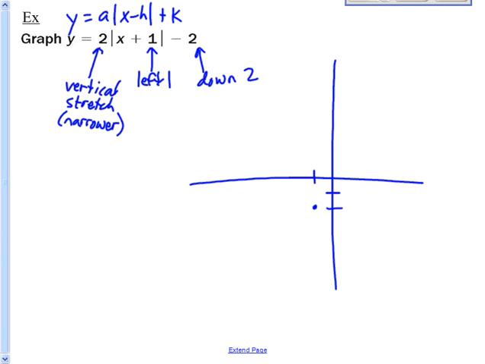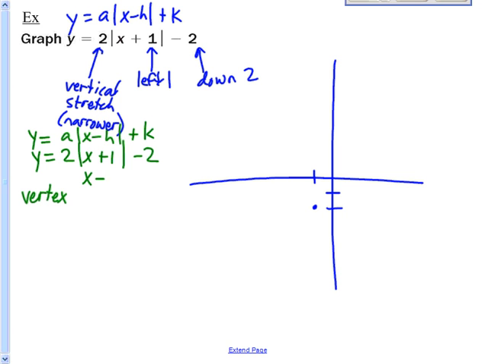So can you see how your h, k, let me rewrite this again. You see how your vertex is going to be, h is, now you have to be careful on that, it's x minus h.